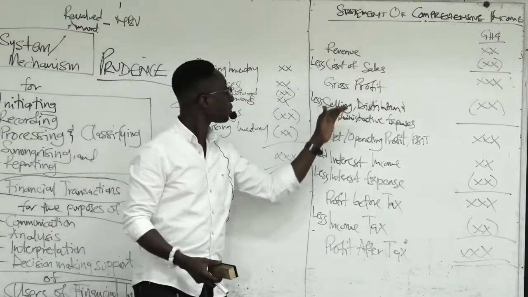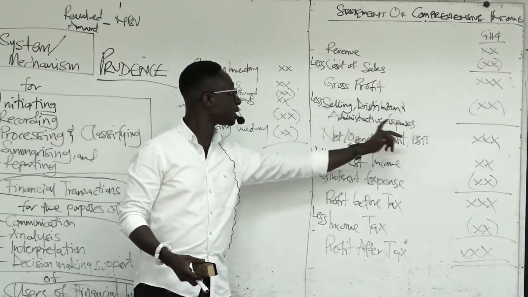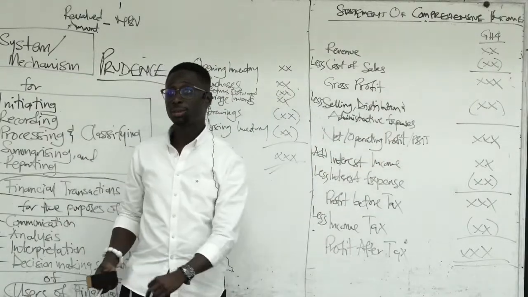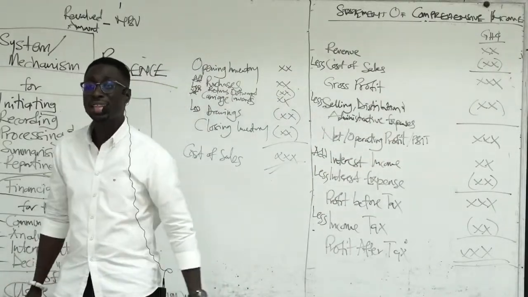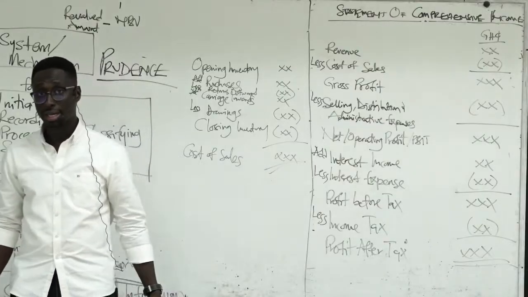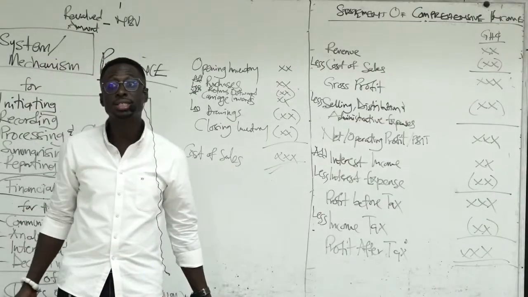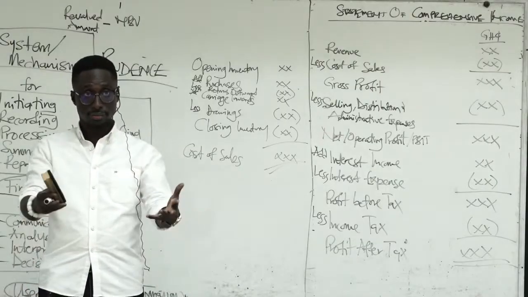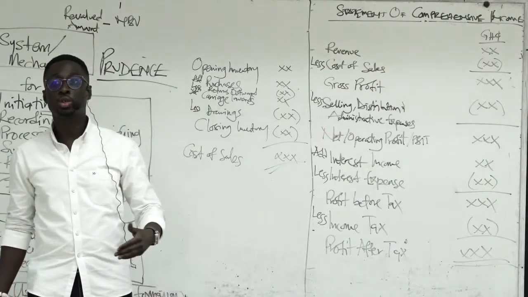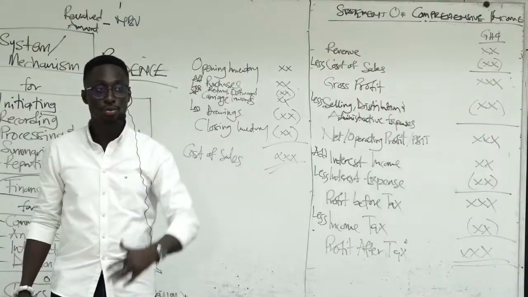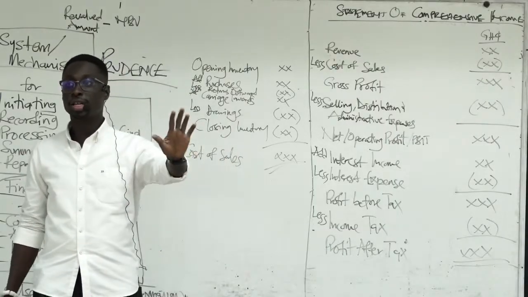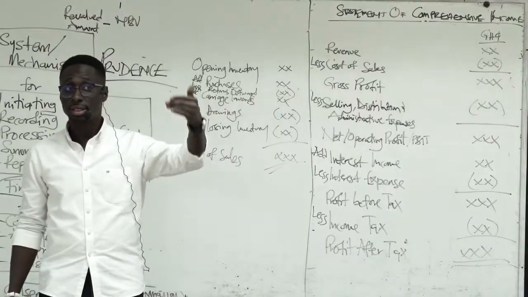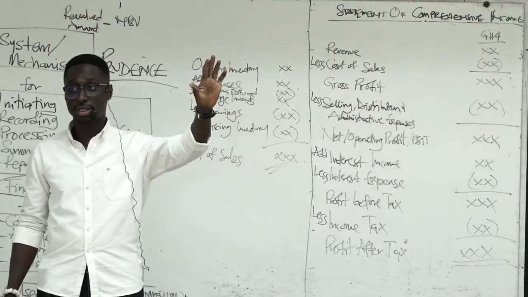So now, we have selling, distribution, and administrative expenses. Selling, distribution, and administrative expenses is every other expense as far as operations are concerned. And so, it could include rent, rates, insurance, depreciation expense, amortization expense.